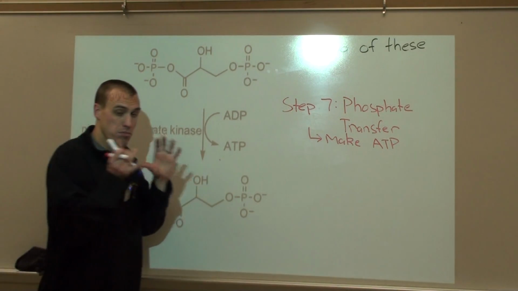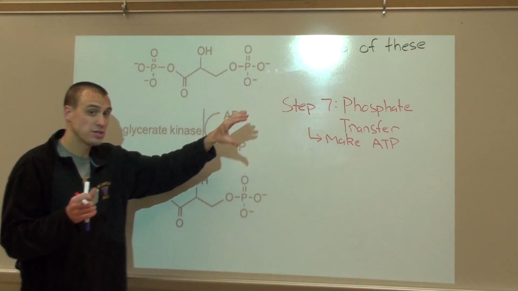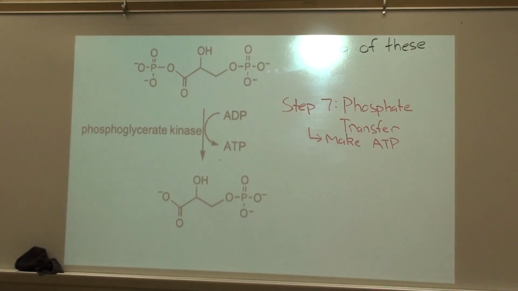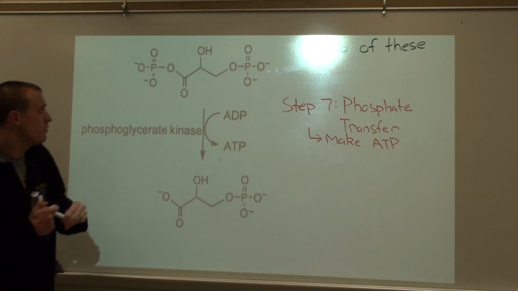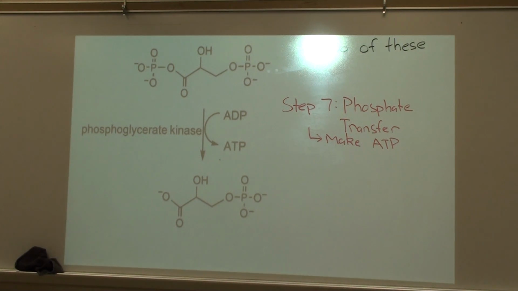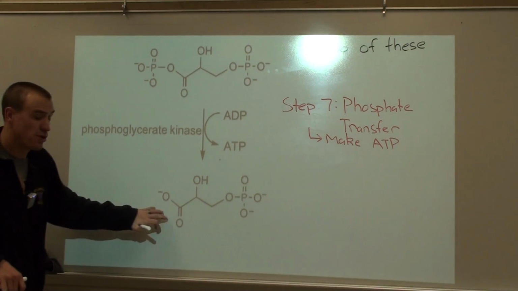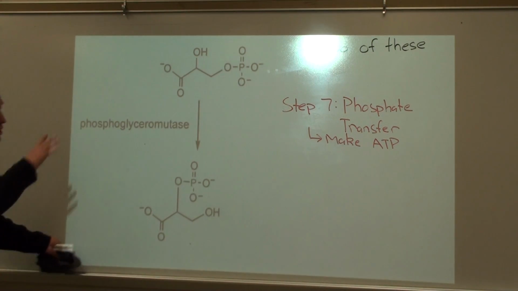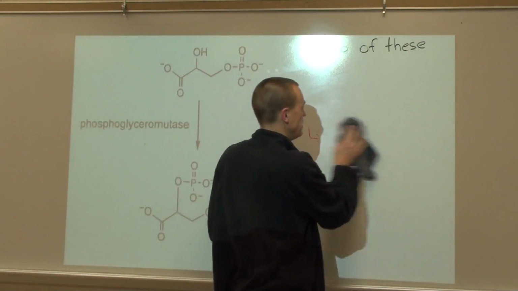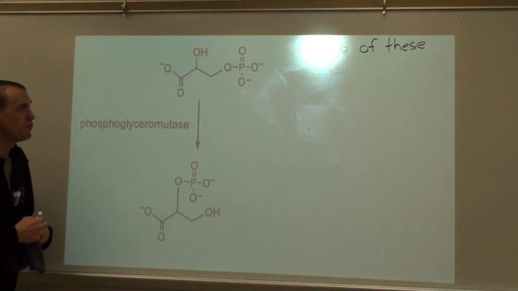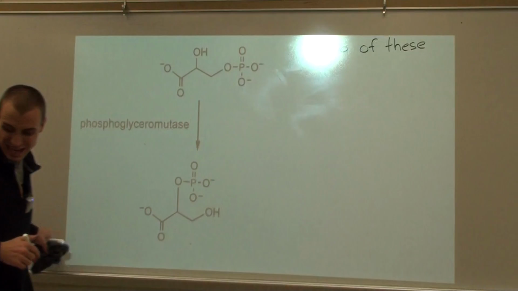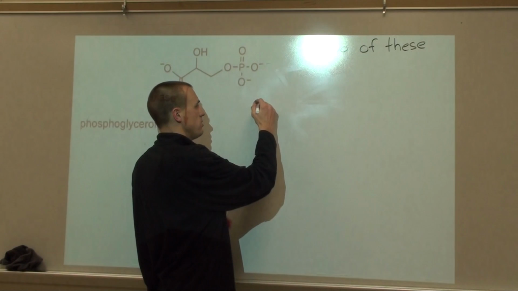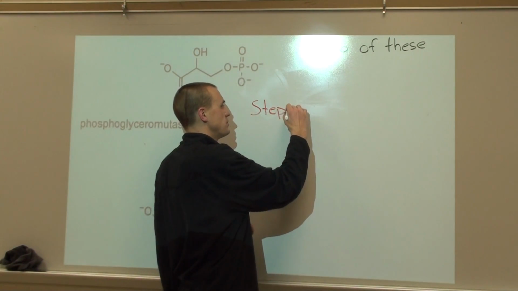Now again, remember we have 2 of these. So actually what's happening is we get 2 ATP out of this process. Now what we're left with here when we take off this phosphate group is 3-phosphoglycerate. And that's where we start here with step number 8. So we start with our molecule that we ended in step number 7. And so for step number 8, what happens here is we go through yet another isomerization process.